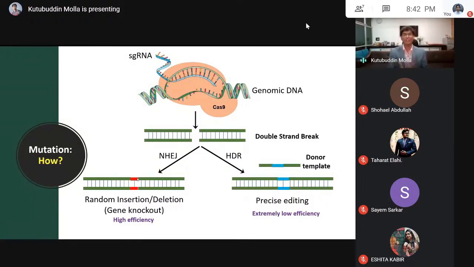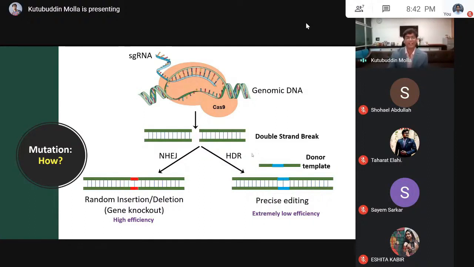The original gene that is supposed to produce a protein, like a red protein, would no longer be able to produce the same protein. So the function of that gene is gone because of this random insertion and deletion. That is how the double strand break causes mutation formation. It is random, but it happens with very high efficiency.